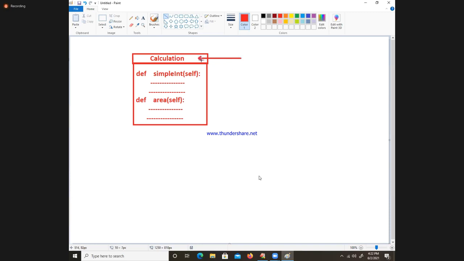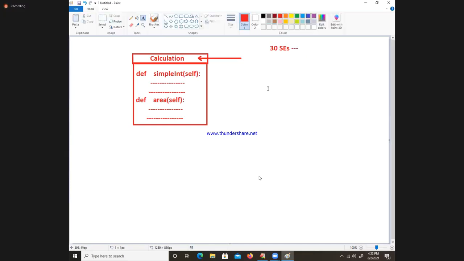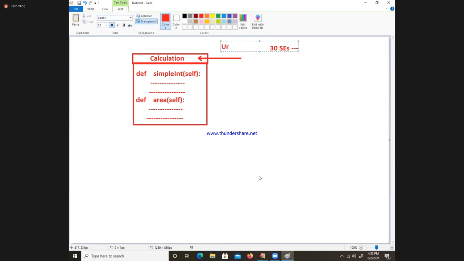Now, in real time, all of you are developing one project. You have 30 software engineers with you, 30 SEs. And you are called a team lead, maintaining these 30 team members, who all work under you.